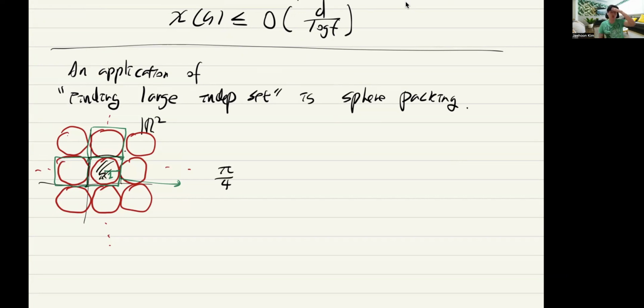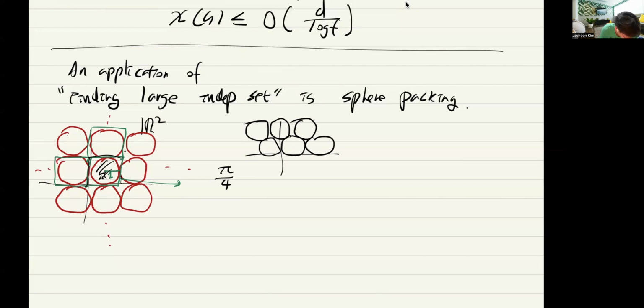So pi over 4 portion is covered. And we can ask whether this is the best. And indeed, there are other ways to do this, like this. And there are many ways. Out of them, you could try to find the ones that cover the largest fraction of the space.